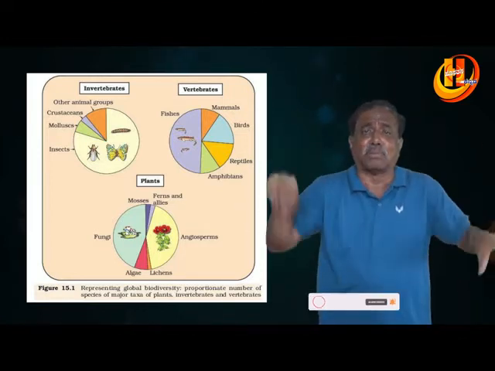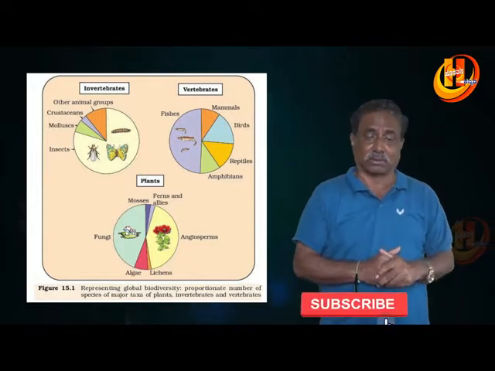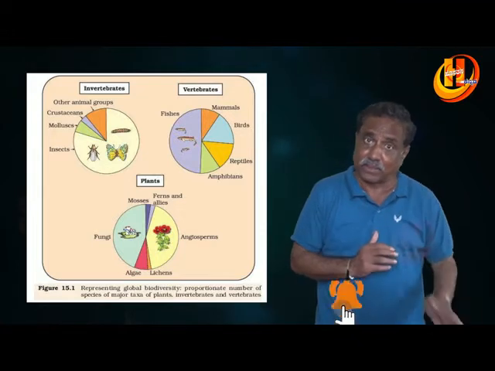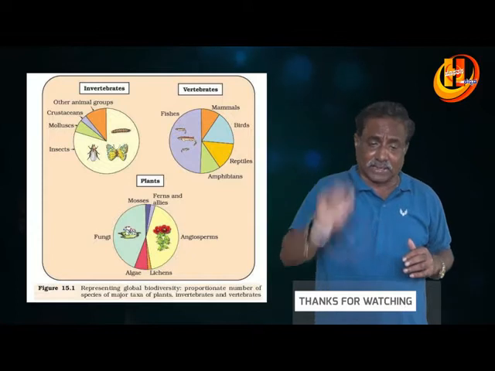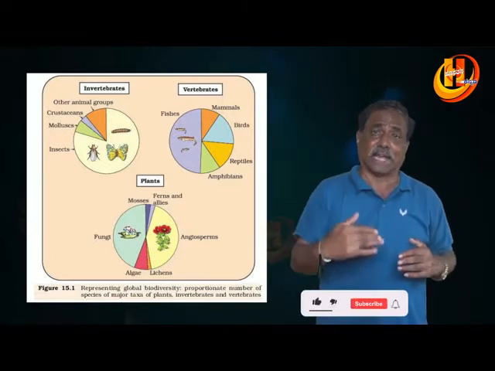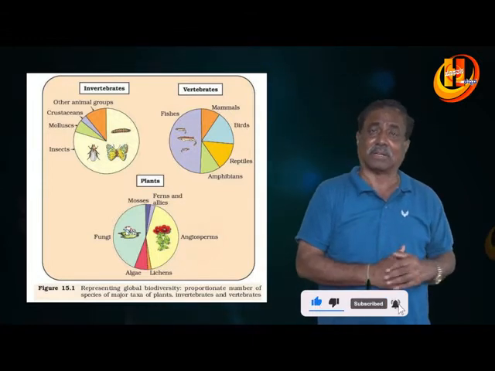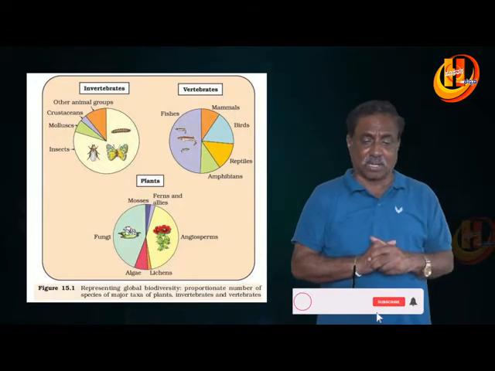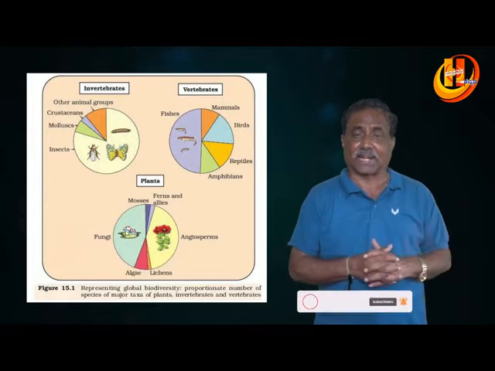Fishes occupy almost 50% of the vertebrate population, not animal, vertebrate population, and the other things, birds, and the birds more than the mammals, the reptiles and the amphibians. And then coming to the plants, I told you earlier about this.